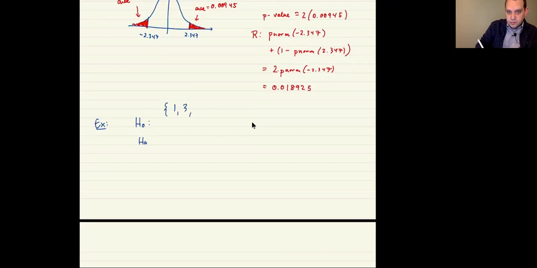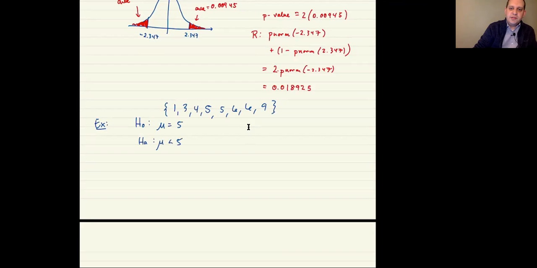These are all just integers: 1, 3, 4, 5, 5, 6, 6, 9. So here we have 8 data points. We're going to run the null hypothesis test that mu is 5. The alternative will be that mu is less than 5.